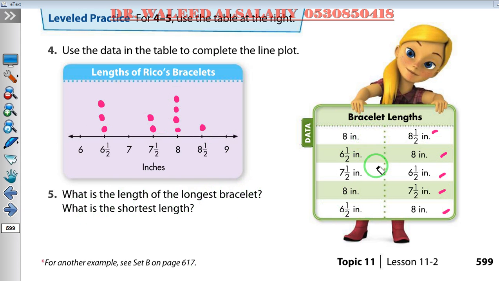The most repeated number here is 8. The lowest number here is the shortest, 8 and a half. So he needs to ask about the length of the longest bracelets. So he means the most repeated number is 8, but the least repeated number is 8 and a half. This is what he means by this question.